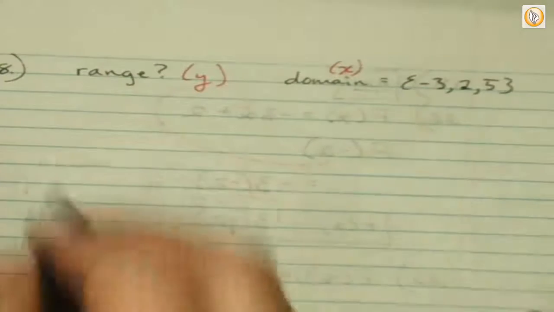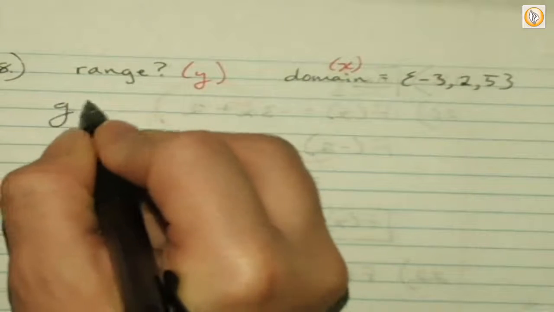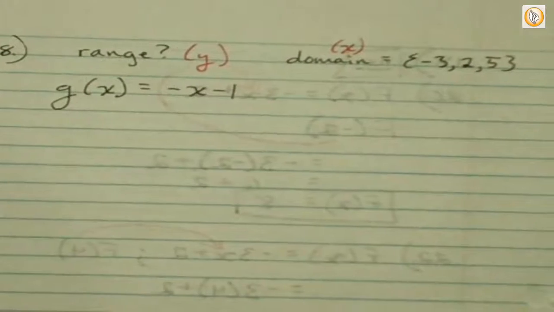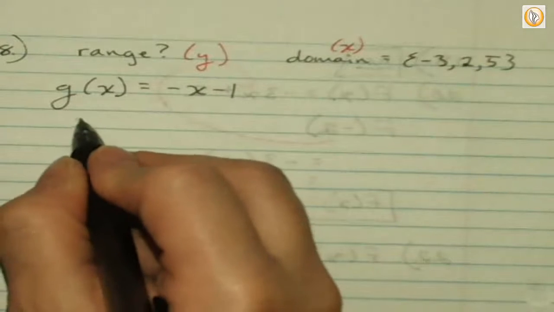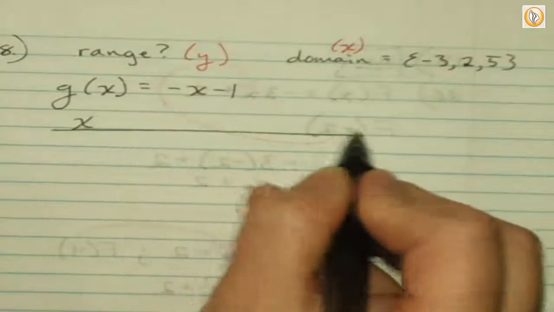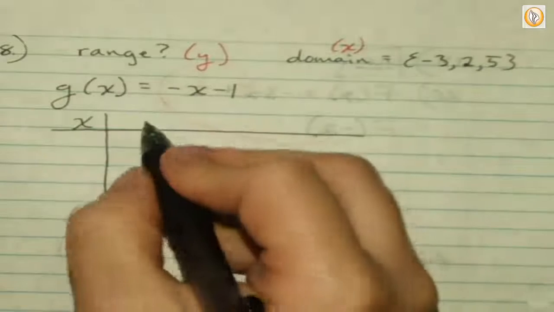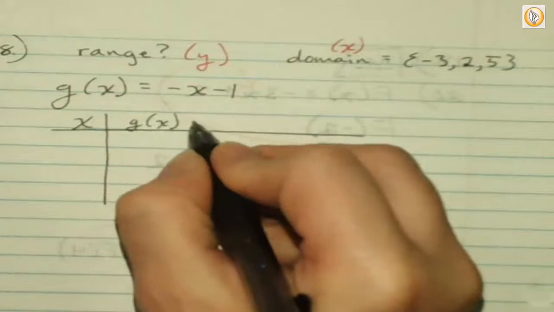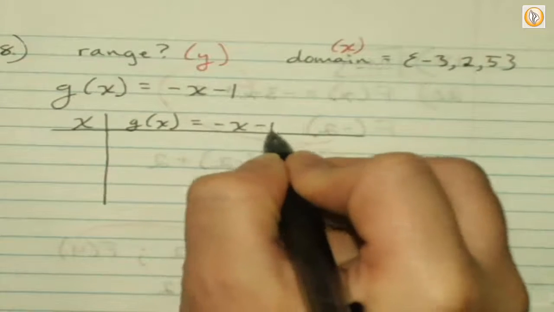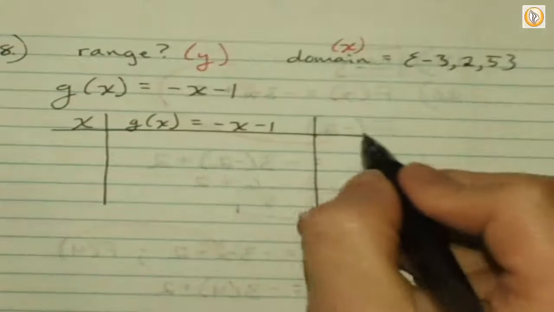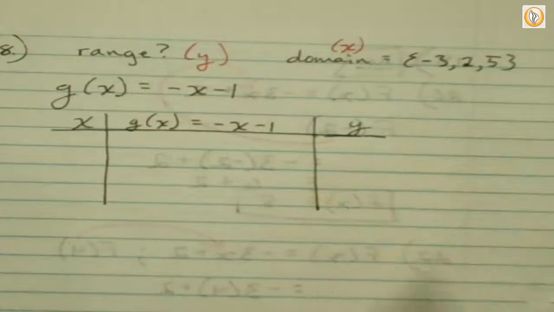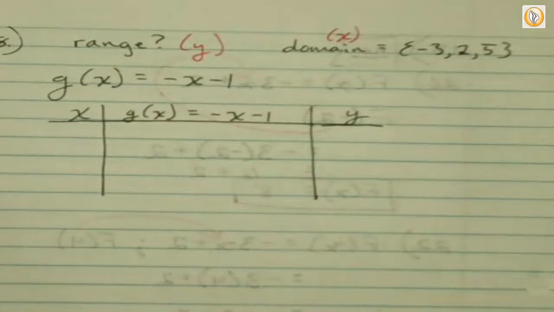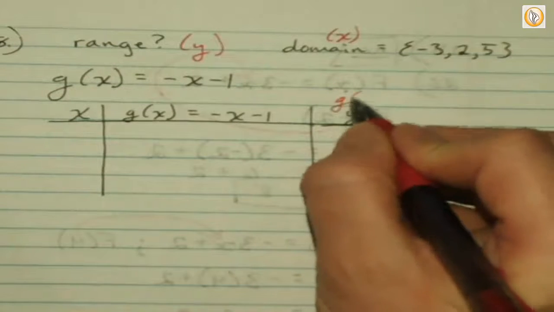So 38, Gabby, the equation is g of x equals negative x minus 1. In this case, I'm going to make a chart because Whit said yesterday he likes that table. I'm going to put my equation on the top. And this is going to be my domain, the x, and this is g of x.